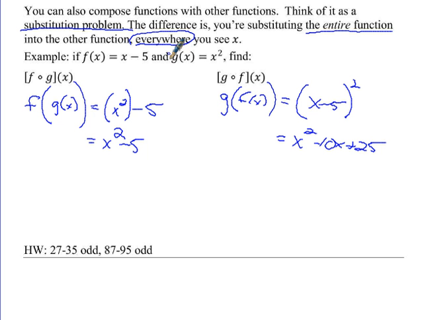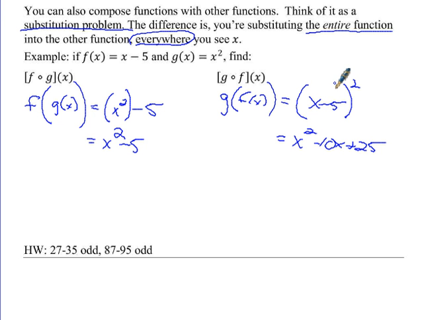This says write the function g, but when you hit x, switch that x into the entire f of x. This says write the function f, but when you hit x, write the entire function g. So that's what we did. We wrote f of x, but this right here turned into g of x, which is x squared. Here we wrote the function g, but when we hit x, this right here turned into the entire function f. You got it now? Okay.